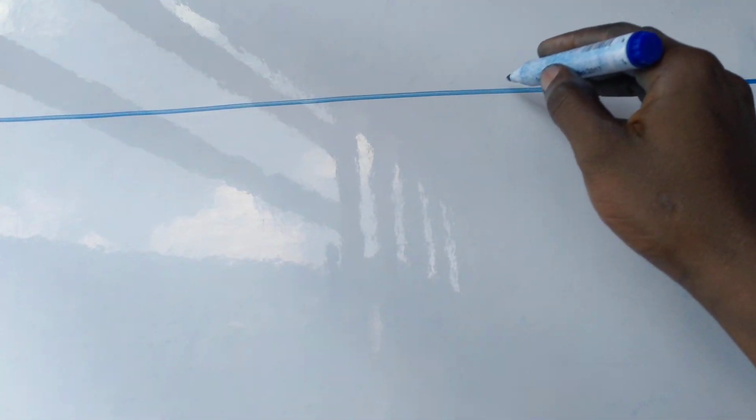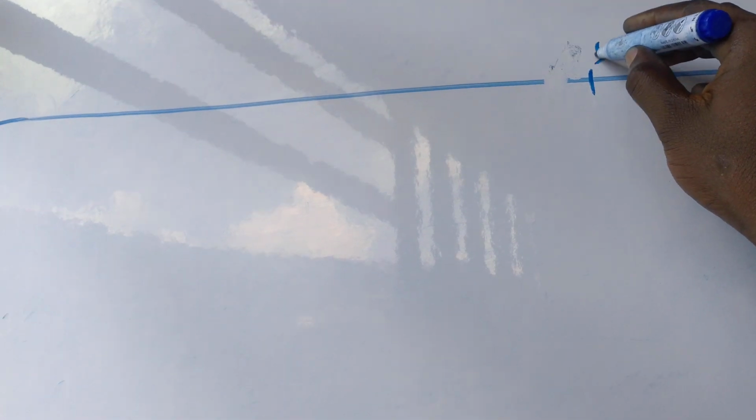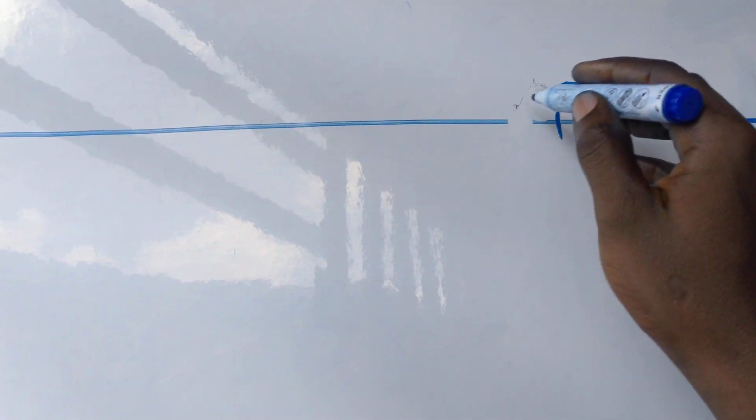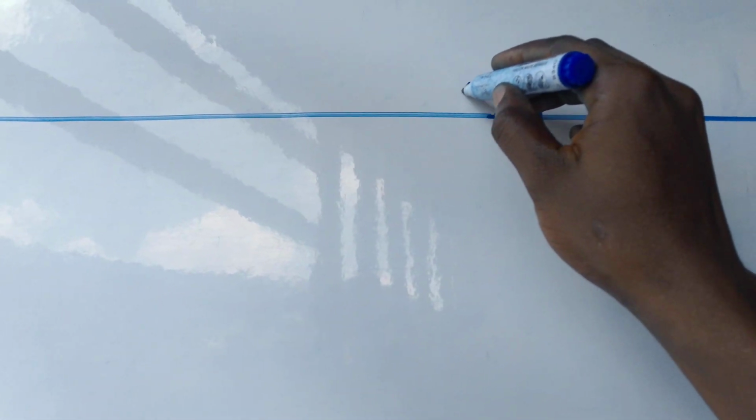It's said to balance at the 48 cm mark. That means if this is 100, we can assume here to be 50. Let's assume that this point is 50. That means 48 centimeter will be very close to this point.